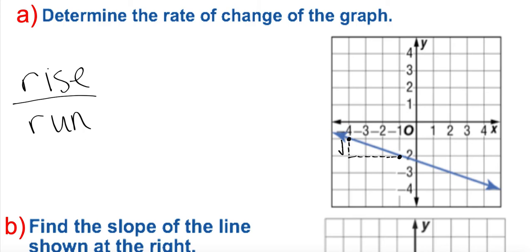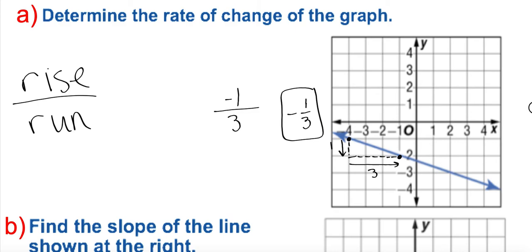So I went down 1 unit, and then I went right 3 units. So down is a -1, right is a +3, so it's -1 over 3, which is a -1/3 slope. Okay, that negative should be out in front of the fraction like that to signify a -1/3.